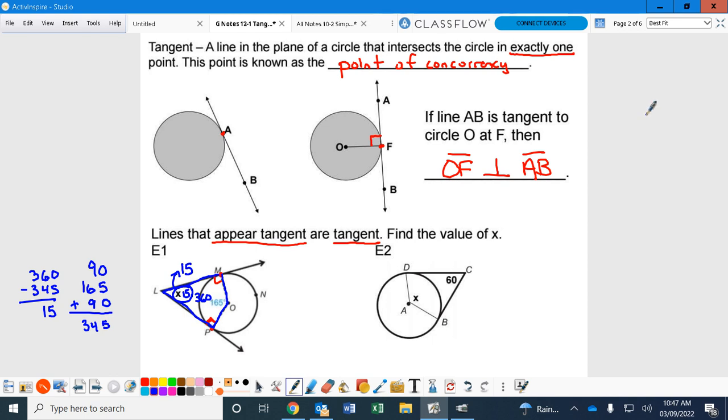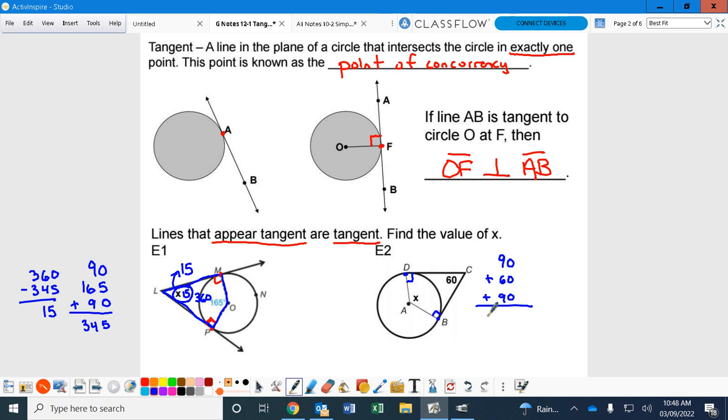Okay, here we go. For the next one, if we're looking for this one in the middle, this X, we use the same idea again. This is a point of concurrency, so this is a right angle because this line would be tangent. This is a point of concurrency with this radius. That means this is going to be tangent, which means this is going to be a right angle. We know three of these angles out of the four inside this four-sided figure, so we'd add up 90 plus 60 plus 90. Add it up.